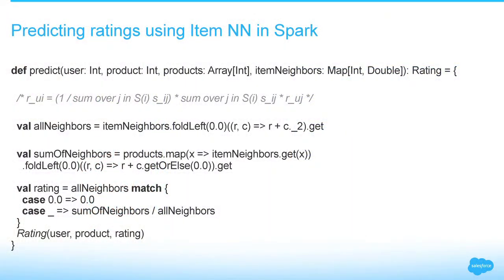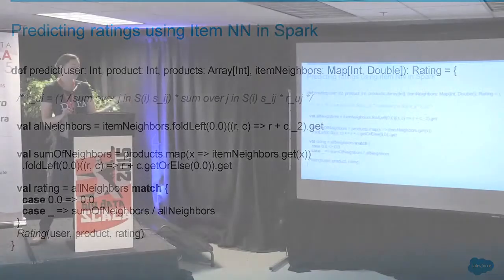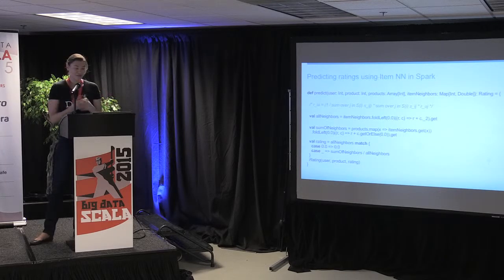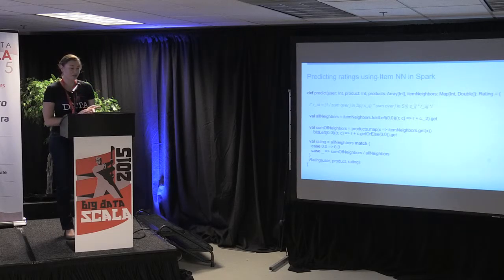The second slide is what you need to do to actually produce a recommendation. You have a particular user that you're trying to predict for, a particular product you're predicting for, an array of all of the products that the user has purchased, and an array of all of the similar items for the product you're trying to recommend. To compute the recommendation, you sum across the item neighbors map, and that's your divisor.